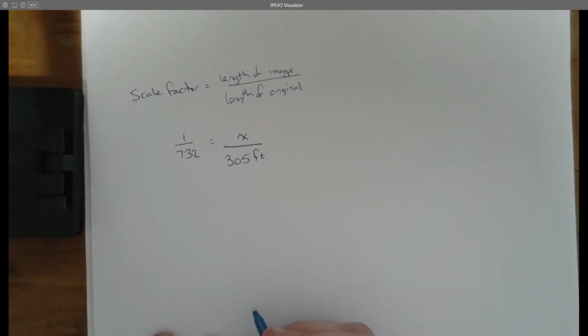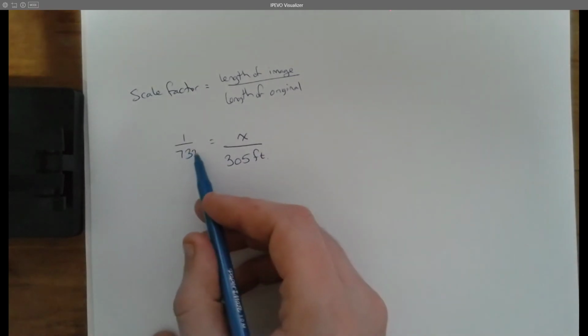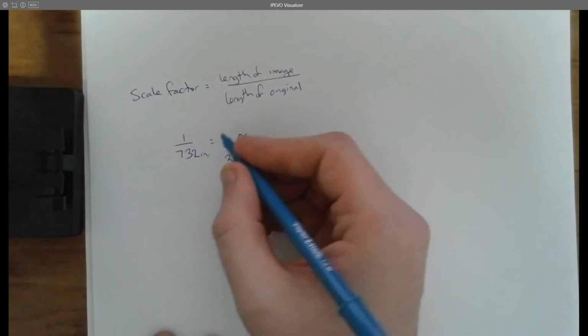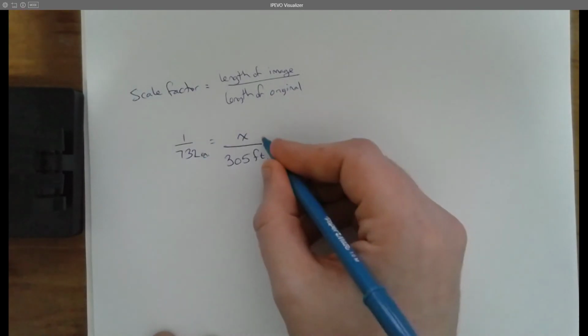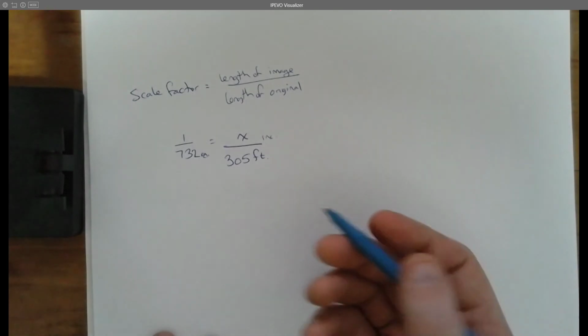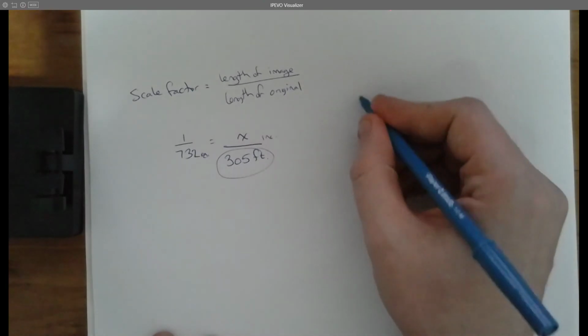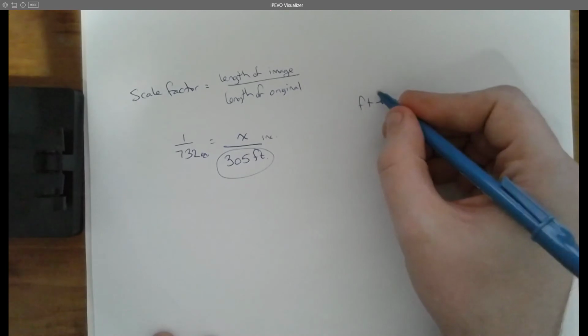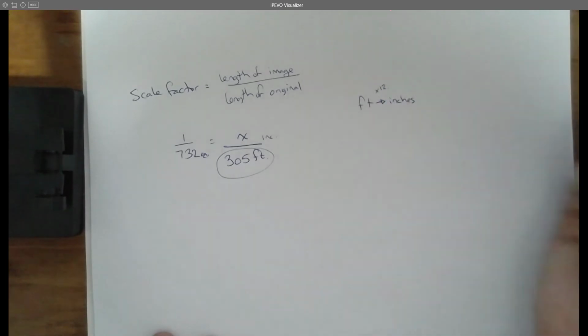So we're going to have to do a few things here. What's nice in this textbook is it doesn't really differentiate between metric and imperial. It has us learning both. So for those of you who don't know, we're asked to find the height in inches, but this is given to us in feet. So we do have to do some converting here. To go from feet to inches, we just multiply by 12.